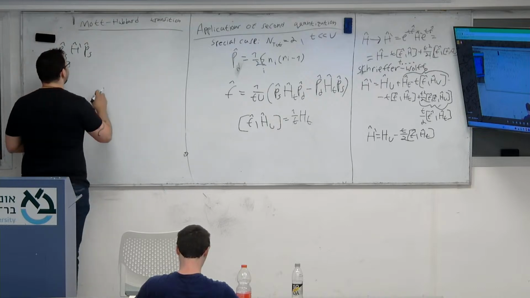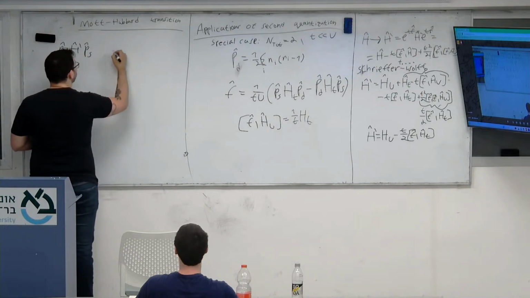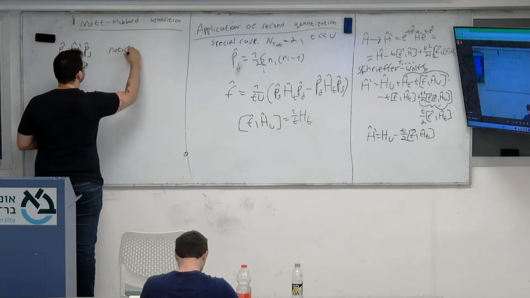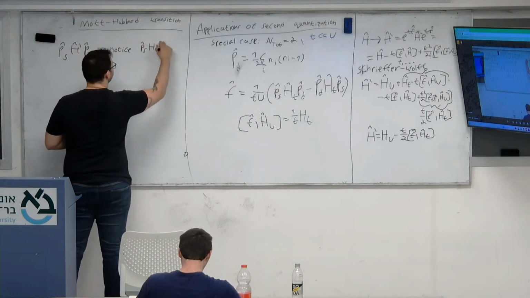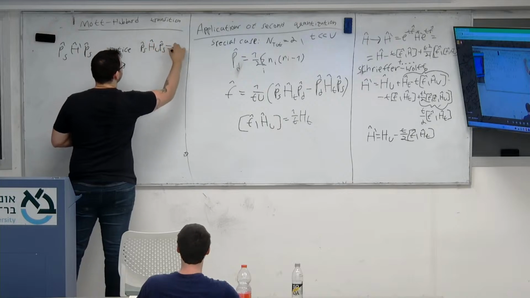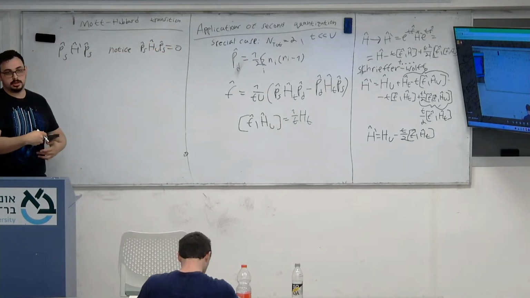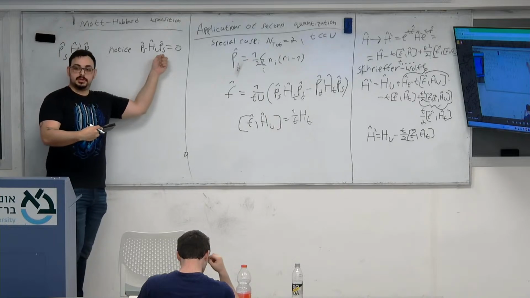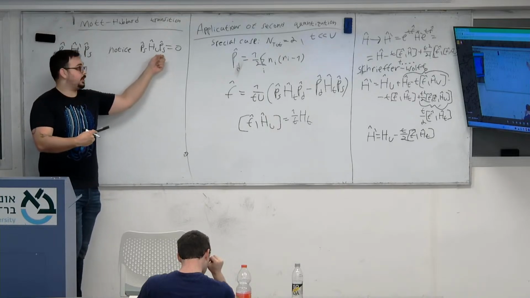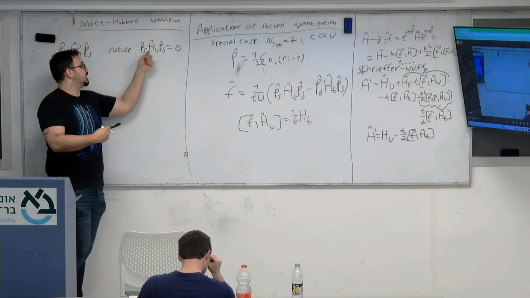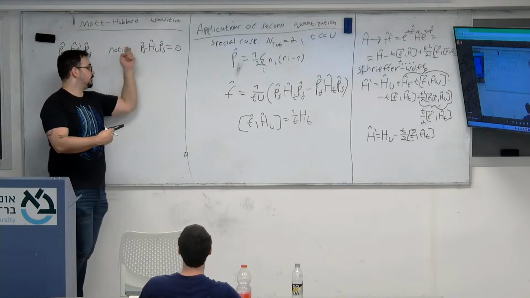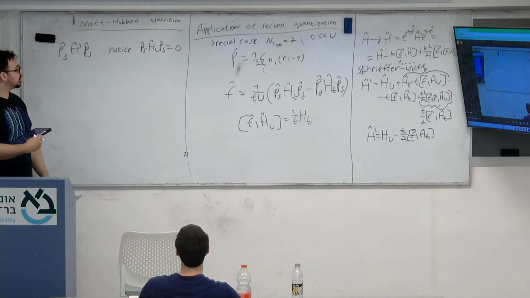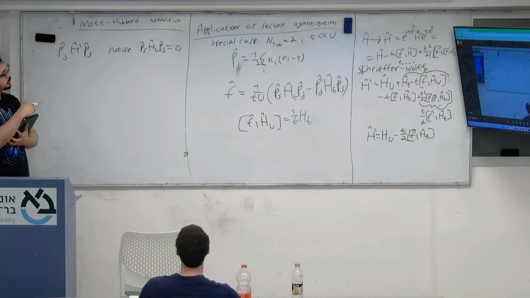And now we can notice that H_U P_S equals 0, because every term in the S occupancy space has zero interaction energy, since there's only one electron in each site at a time, right?